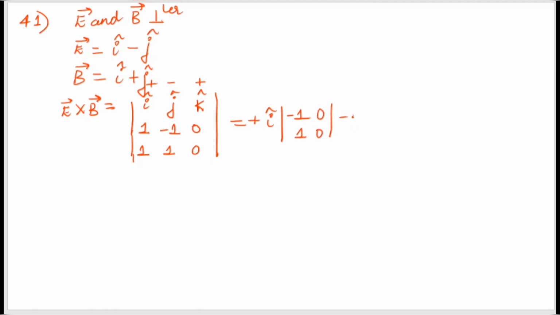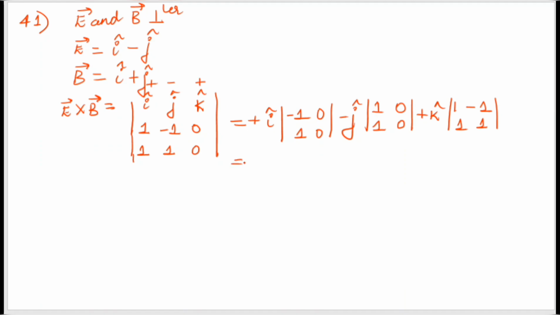Next, similarly, minus j cap: remove the middle column and the first row, determinant of 1, 0, 1, 0. Plus k cap into determinant of 1, minus 1 and 1, 1.